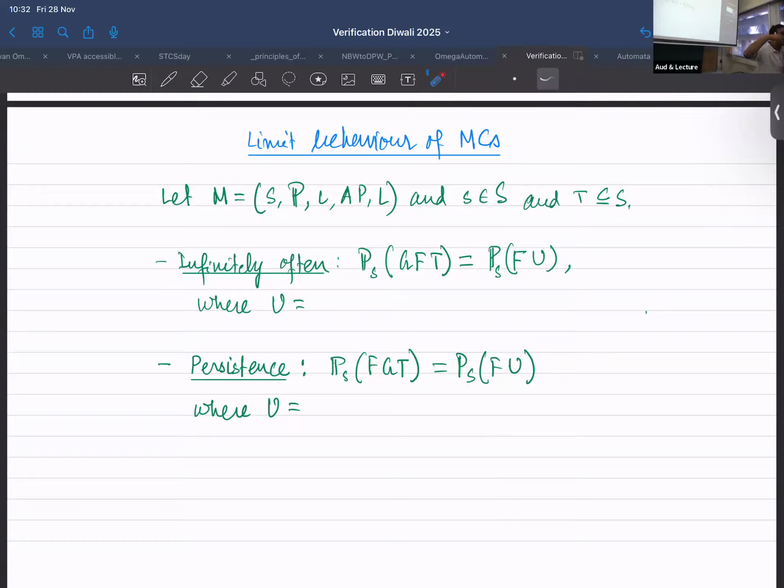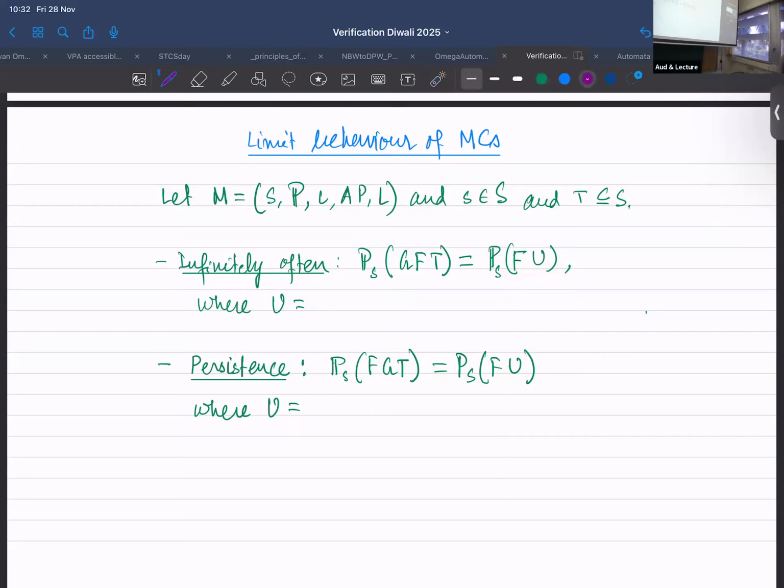That can happen. But anything outside the bottom strongly connected components, the probability of seeing those infinitely many times is zero. There can be a path, but the measure of that path is zero, right? So they don't contribute to the probability of satisfying this event at all, because the probability is zero for those states which are outside the BSCs.